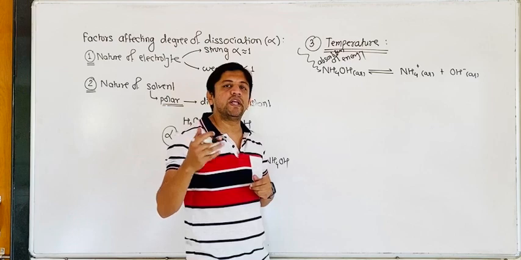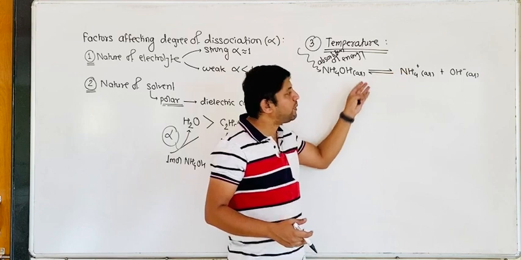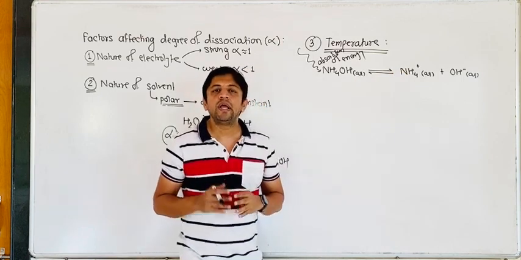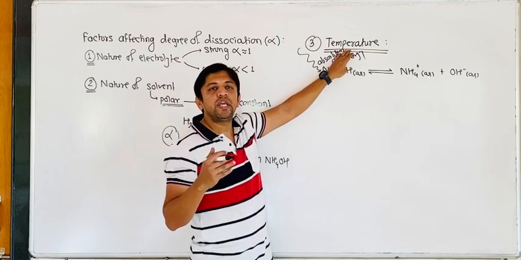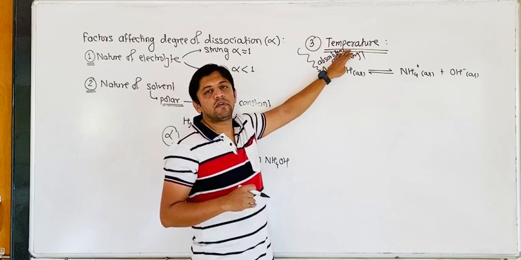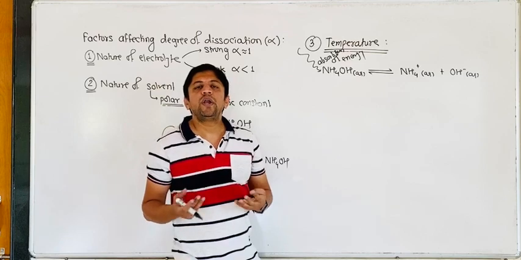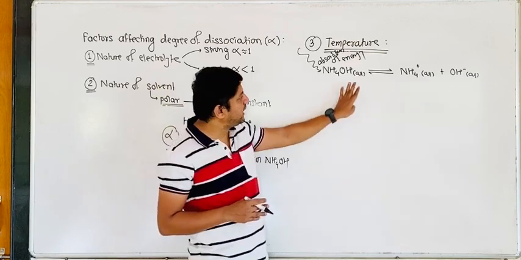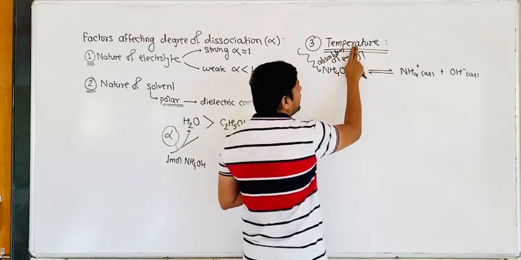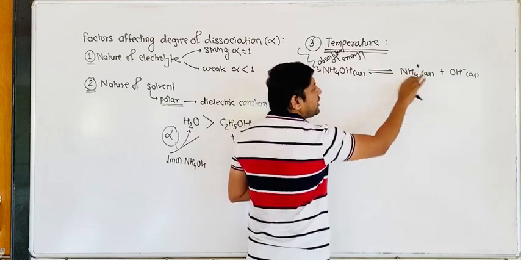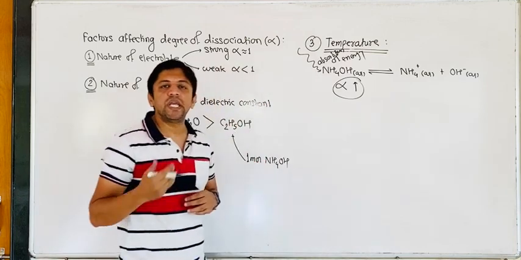As temperature goes on increasing, the rate of the forward process becomes more than the rate of the backward process, and we also know that the equilibrium constant itself depends on temperature. With increase in temperature, the equilibrium constant increases or sometimes decreases, depending on whether it is an endothermic or exothermic process. But right now, as the dissociation process requires absorption of energy, with increase in temperature dissociation is more favored and the degree of dissociation increases.